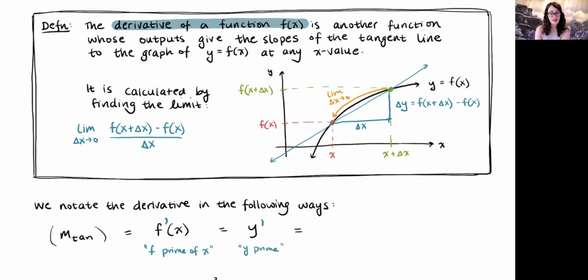Another way that you could notate the derivative is, instead of delta y over delta x, really the deltas are getting infinitely tiny. They're approaching 0. They never get there, but they get infinitely close to 0. So it's like infinity, but in the opposite direction, infinitely small as opposed to infinitely large.